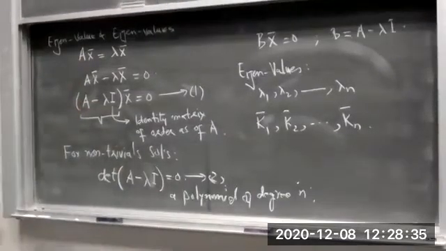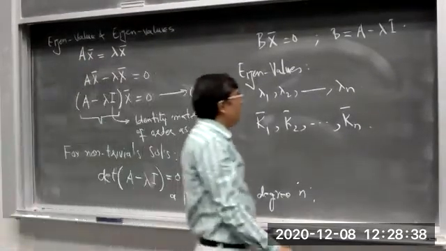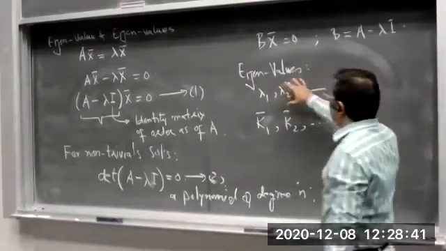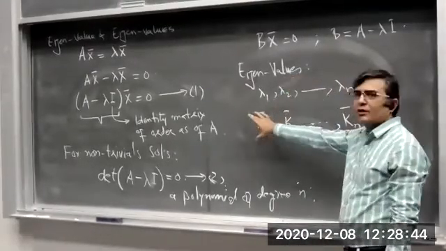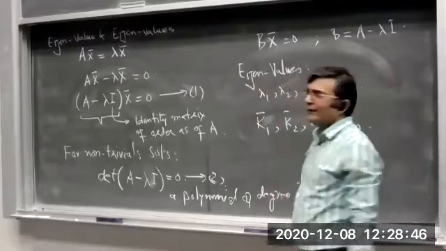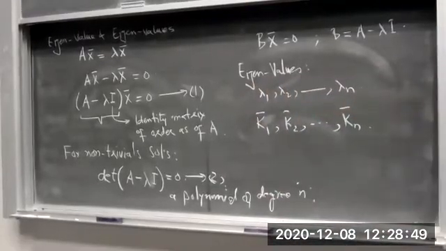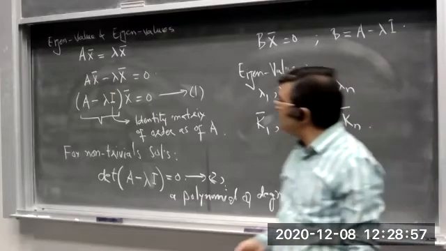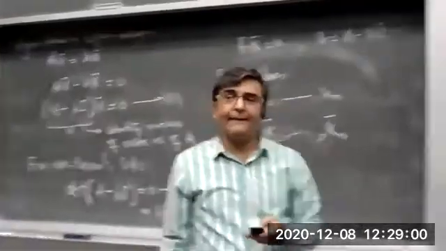Now the question is, what happens if the eigenvalues are not real and distinct? In order to further discuss the types of eigenvalues, we need to discuss different cases: when the eigenvalues are real and distinct, when eigenvalues are repeated, and some other cases.